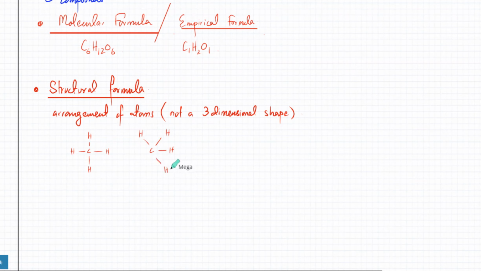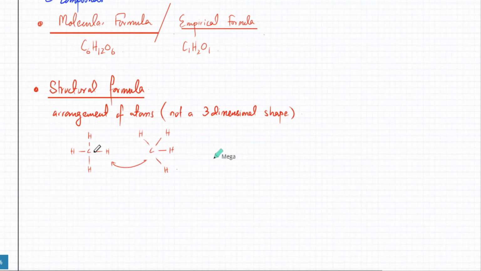Both of these represent exactly the same formula, because this is not the actual shape. None of these are the actual shape of the molecule. They just tell you which atom is connected to which other atom. So don't get confused about whether the H atom is pointing upwards, to the left or to the right. As long as it's connected to the same carbon atom, it's exactly the same thing.